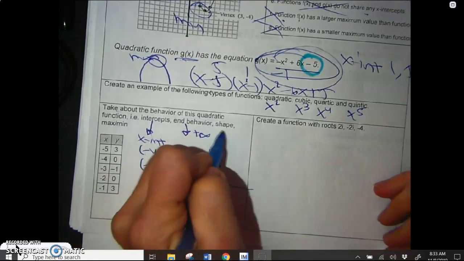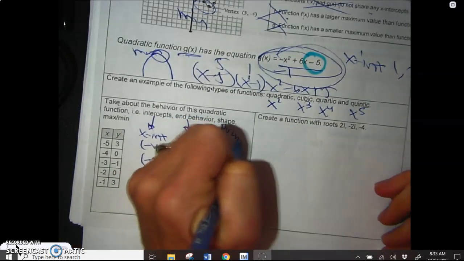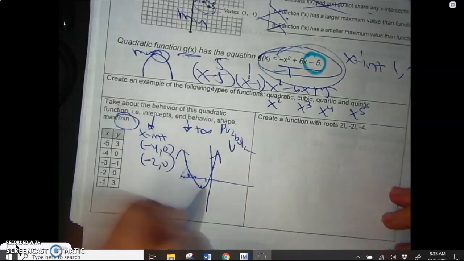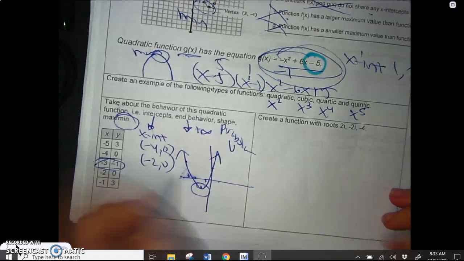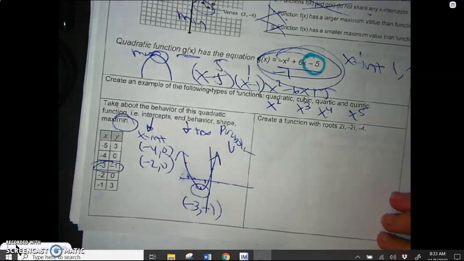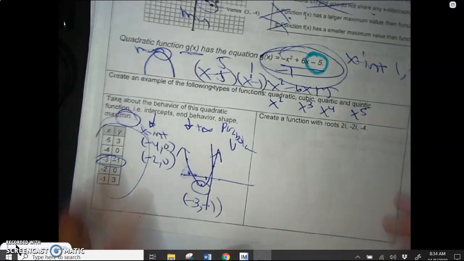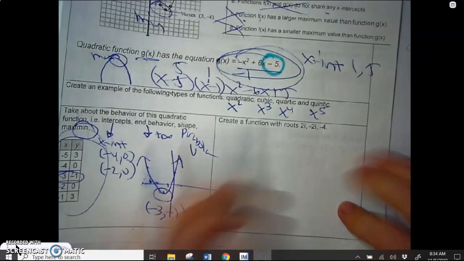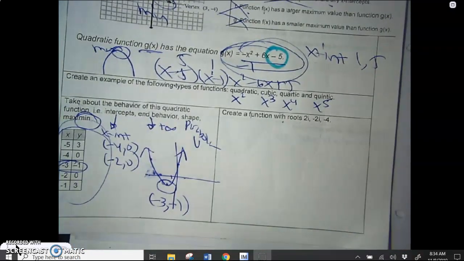The shape is a parabola, which means a U, and it has a minimum, and the minimum is at the vertex, which is (-3, -1). So I'm guessing this is going to be multiple choice, and they're going to ask you information about it and circle what's applicable.